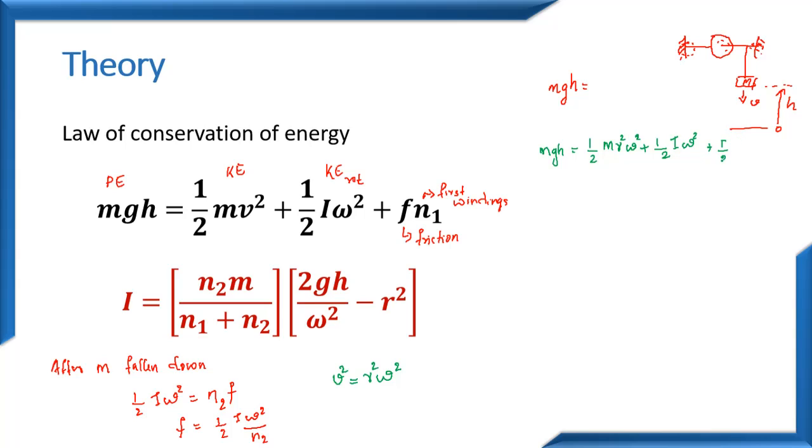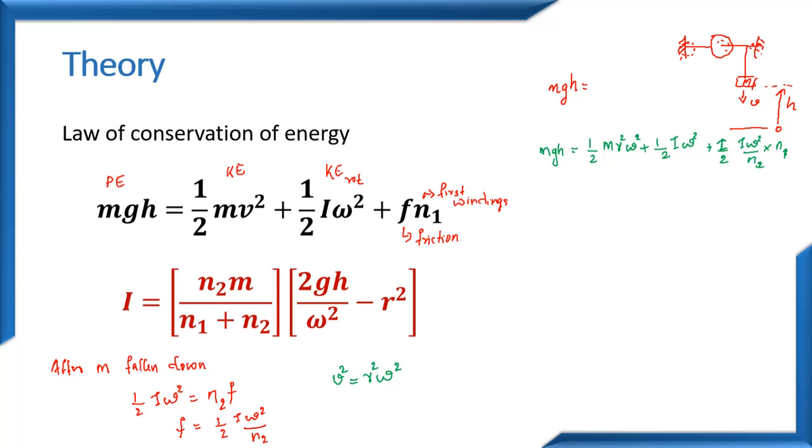I can write half I omega square by N2, into N1. Hope it's clear for you. So mgh is equal to half m r square omega square plus half I omega square plus half I omega square by N2 into N1.